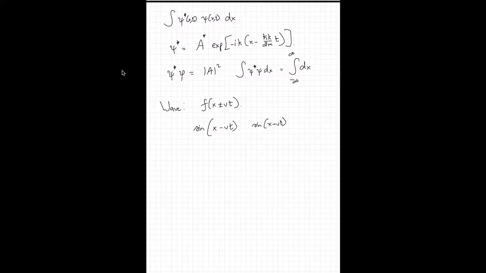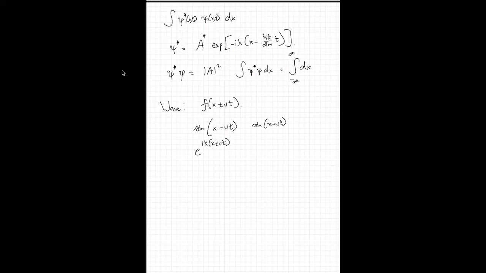plus vt, e to the ik x plus or minus vt. They're all waves. As long as you have a function where x and t are combined in this particular fashion, x plus or minus vt, then it is a wave. So when I have sine of x minus vt, it is a wave traveling to the right.